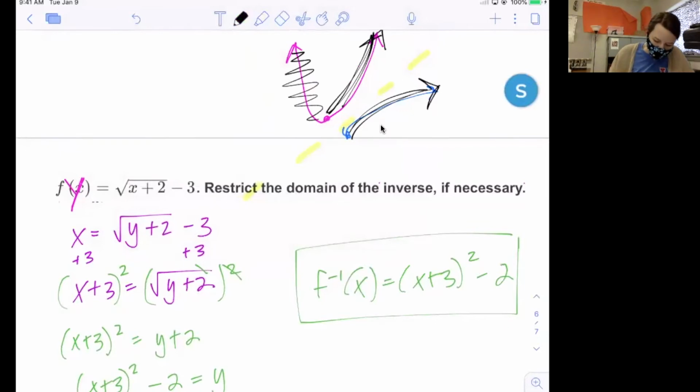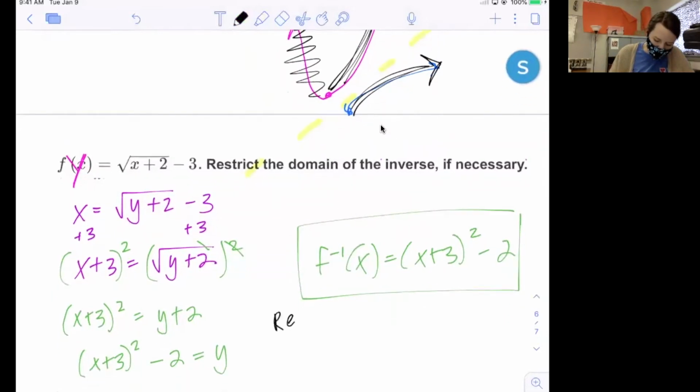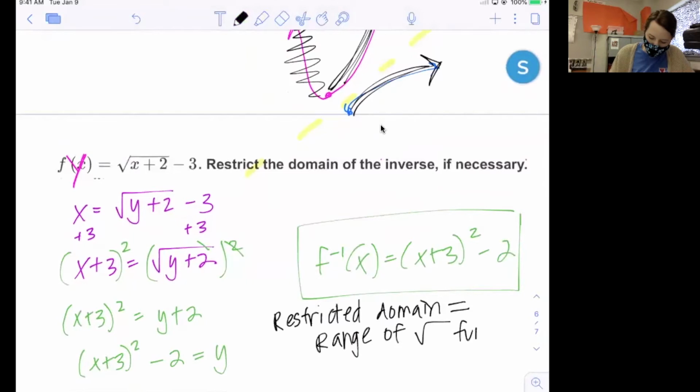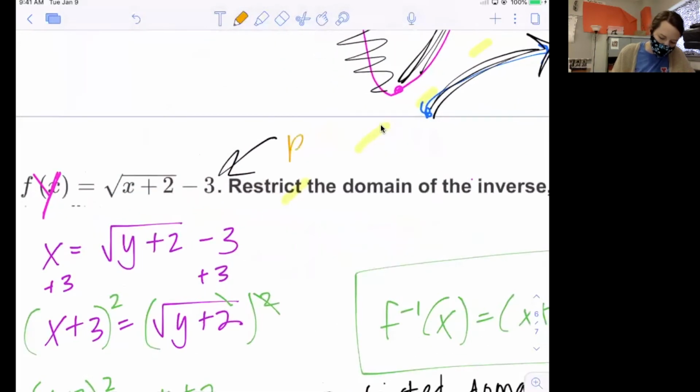So your restricted domain is always going to be equal to the range of the square root function. If we look back up to our original function, the range is y is greater than or equal to negative 3.